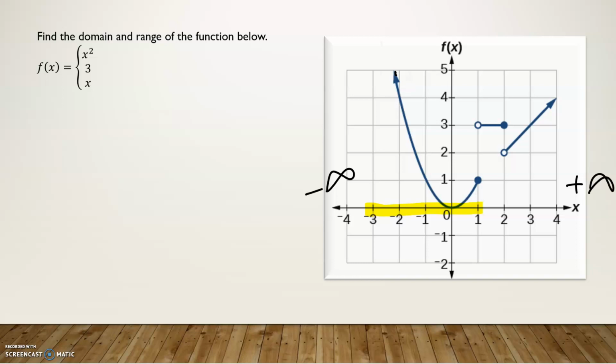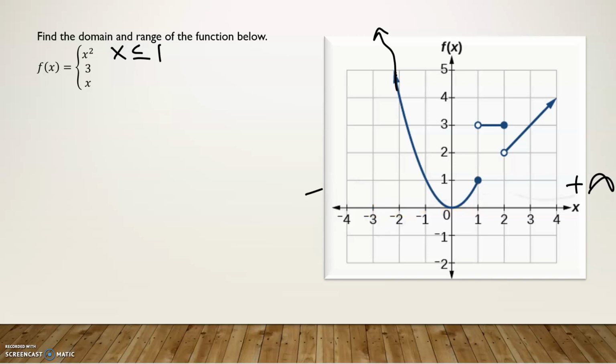It starts right here at 1 and then goes out to negative infinity. So we can say that x is less than or equal to 1, for the first one.